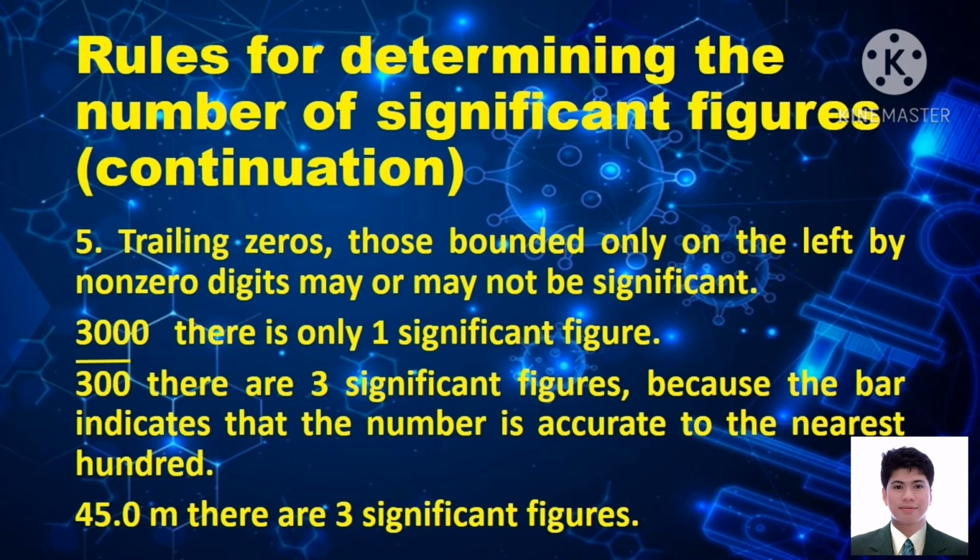Rule number 5: trailing zeros, those bounded only on the left by non-zero digits, may or may not be significant. For instance, 3,000 has only one significant figure. Next, 300 with a bar has three significant figures because the bar indicates that the number is accurate to the nearest hundred.